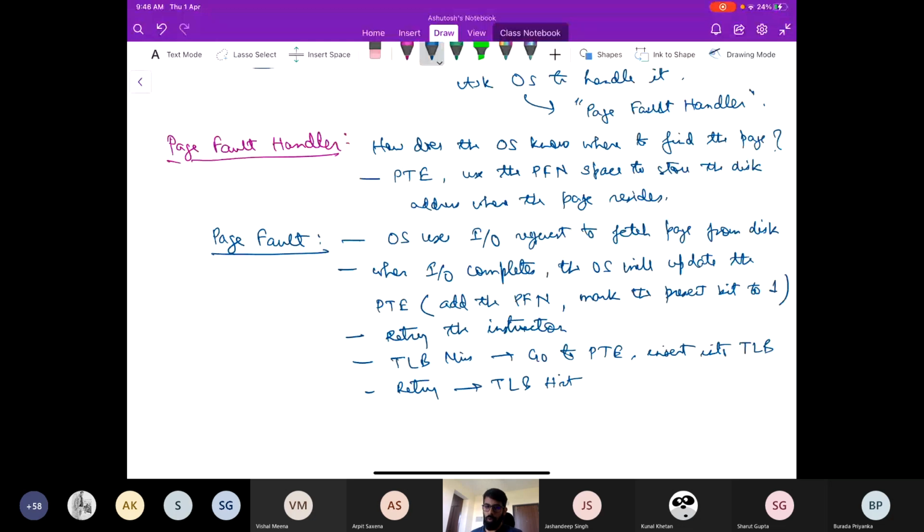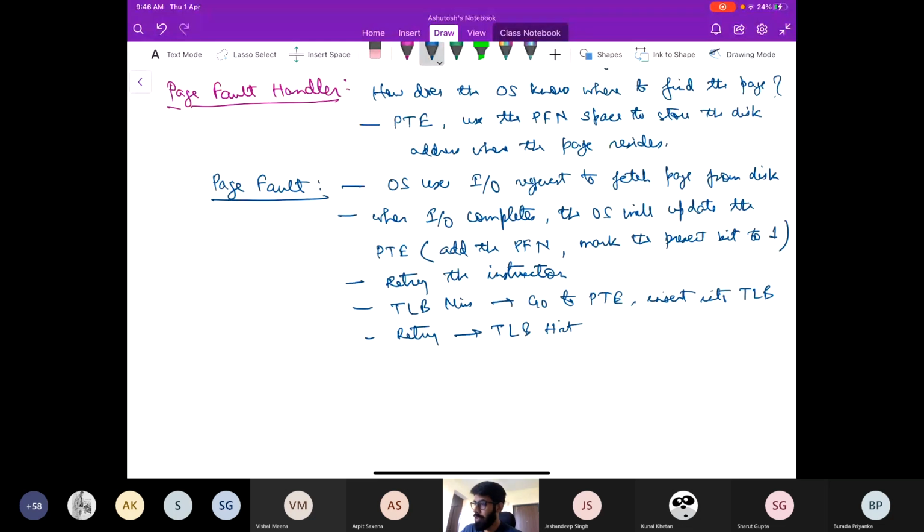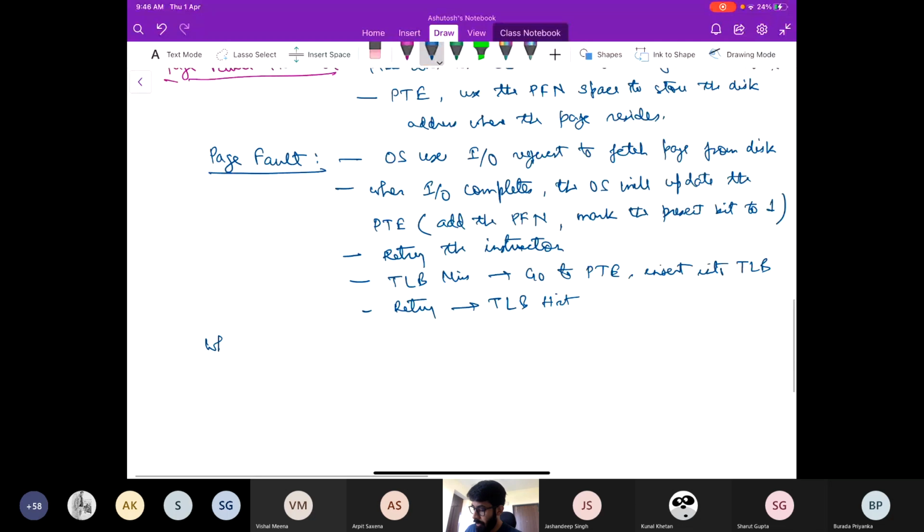I'll write the OS part a little bit more in detail. There's another point that while IO is happening, the process goes into the blocked state.